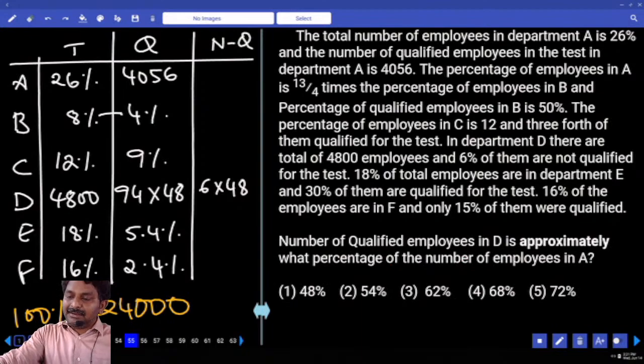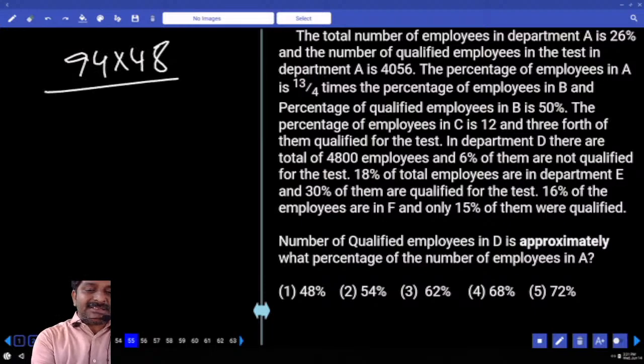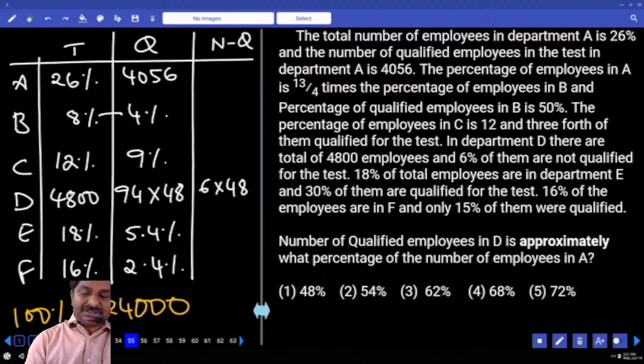The number of qualified employees in D is approximately what percent of the number of employees in A? Qualified employees in D, how much is that? 94 into 48. This must be calculated as a percentage with respect to employees in A, right?